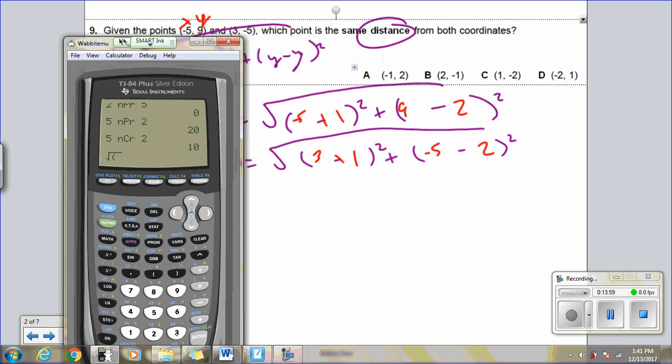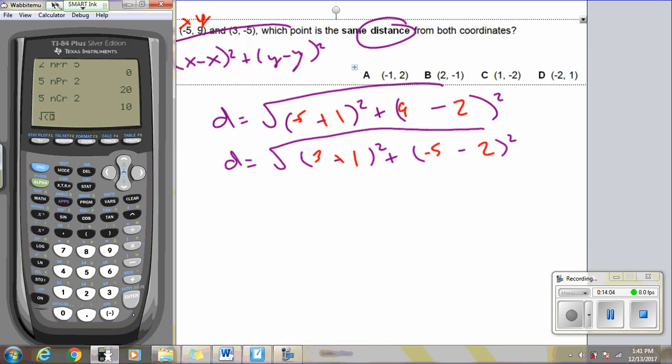Open parentheses, -5 plus 1, close parentheses, squared, plus, open parentheses, 9 minus 2, close parentheses, squared. And that equals about 8.1.